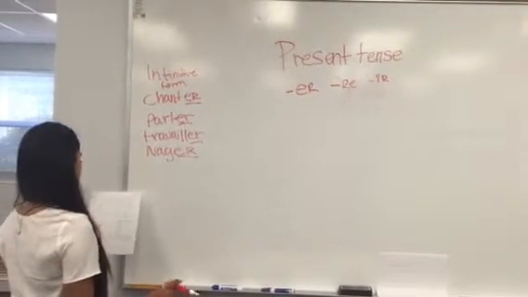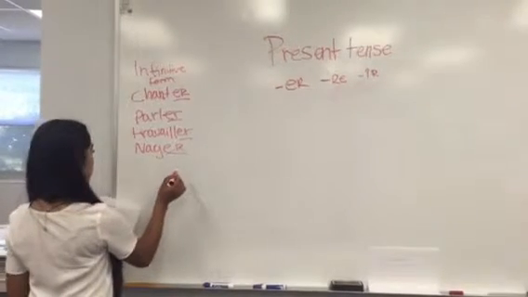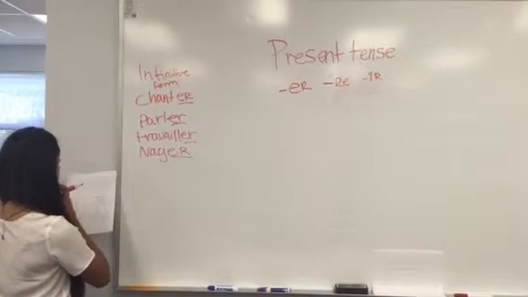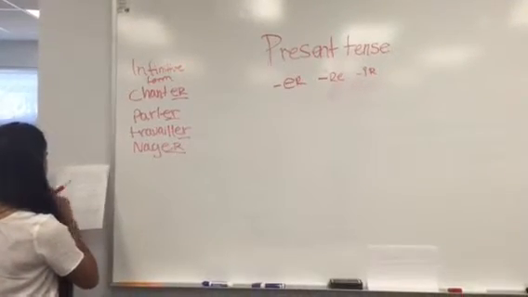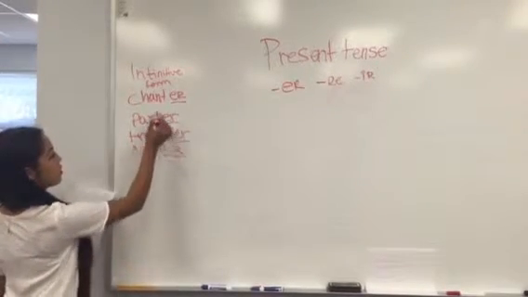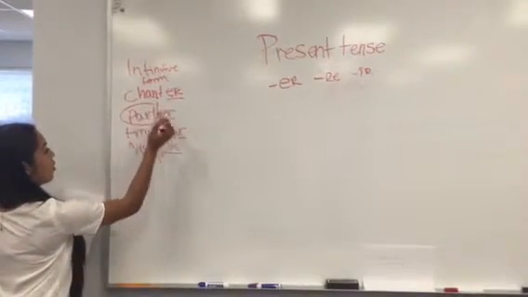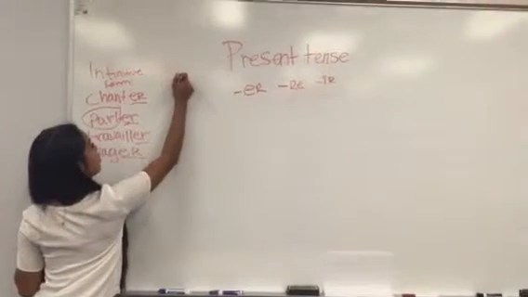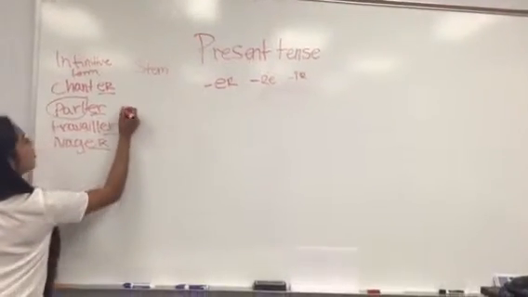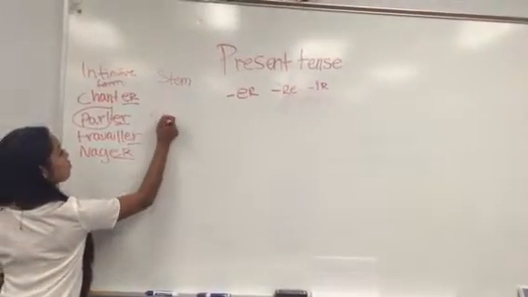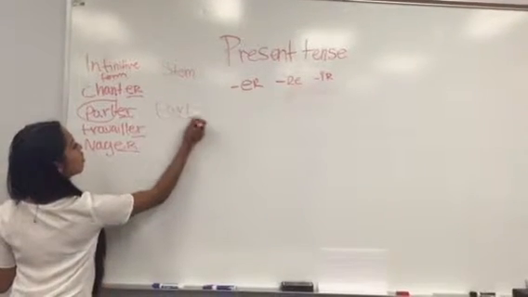Okay, this form is the infinitive form again. The stem is what you get when you take off the ER, like for example, parler. The stem would be without the ER, which would be par.